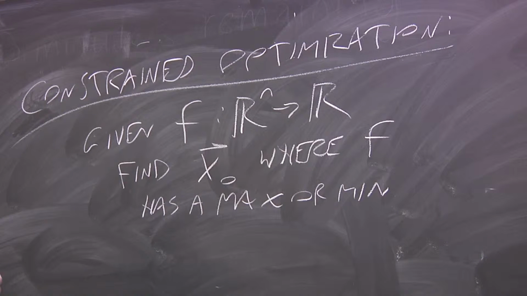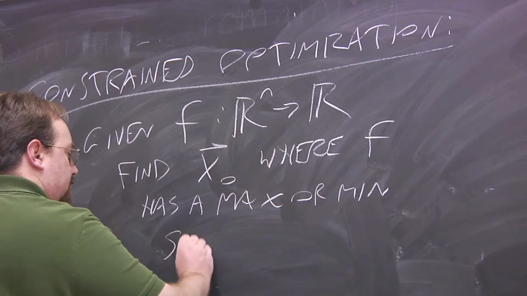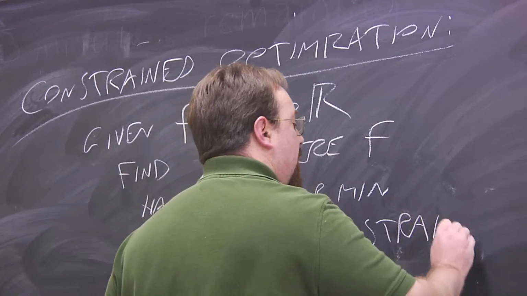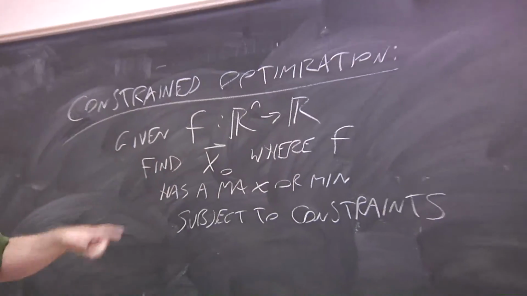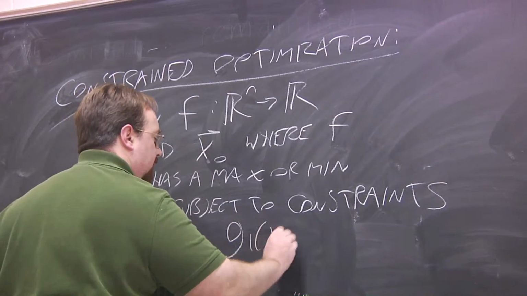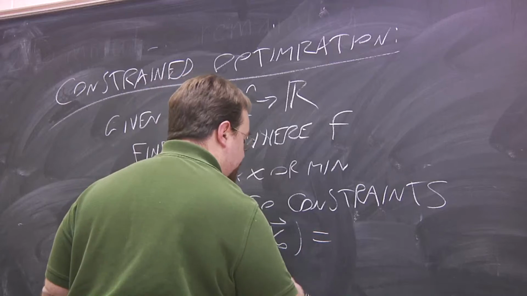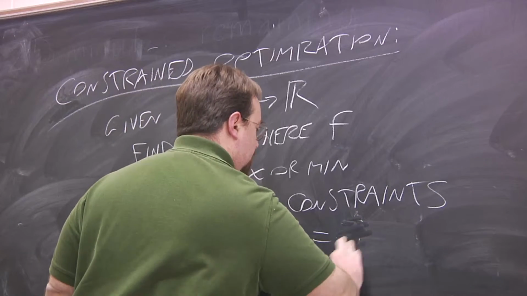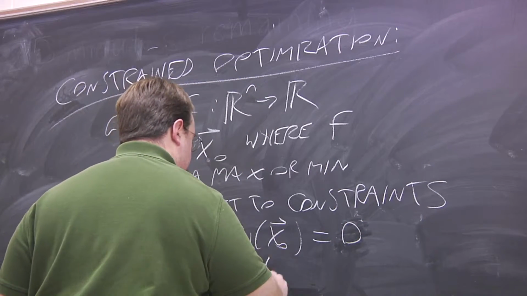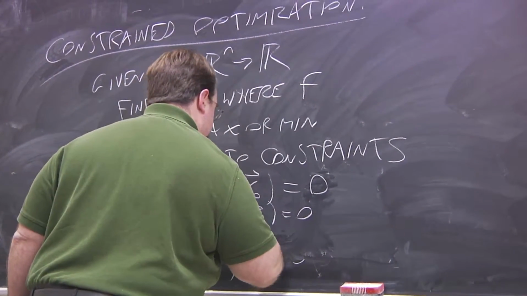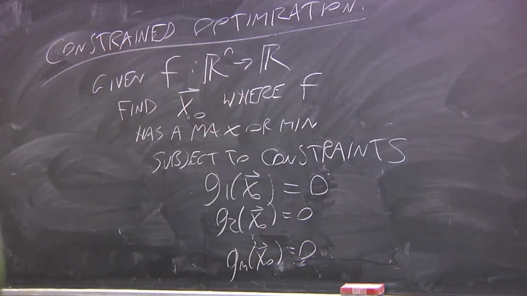So we want to find a max or min, but you have constraints on x. You want to find a point where there's a max or min, but you have given constraint functions that limit the options that you have for x.